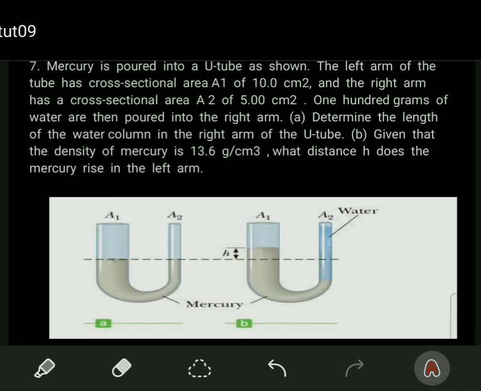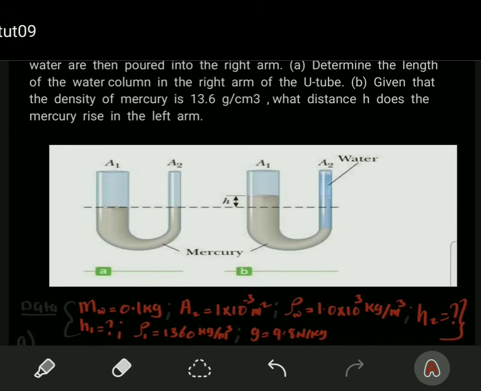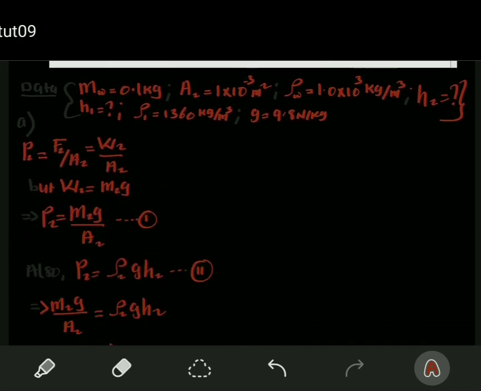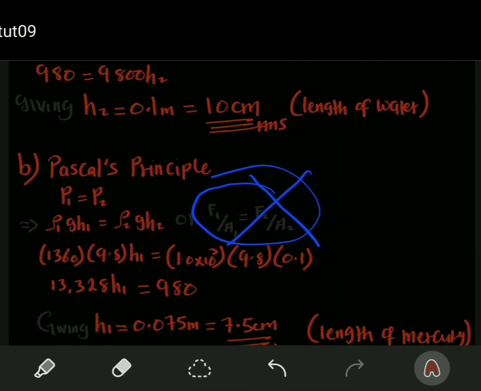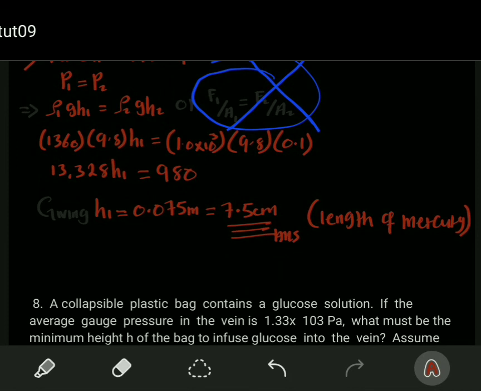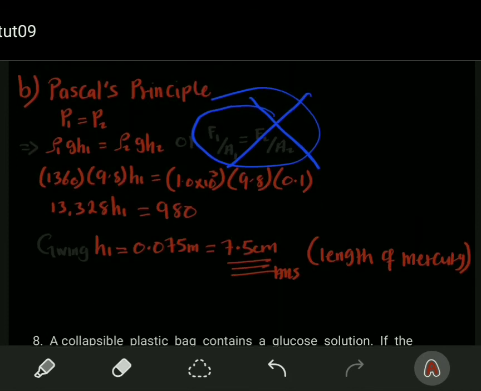A pressure which is also going to help us determine the value of the length by the expression of rho gh. After having found the length of the water column there, we now consider Pascal's principle, because the two fluids will be in equilibrium, so the pressure on one column is going to be equal to the pressure in the other column. With that, we'll also be able to find the length of the mercury column.